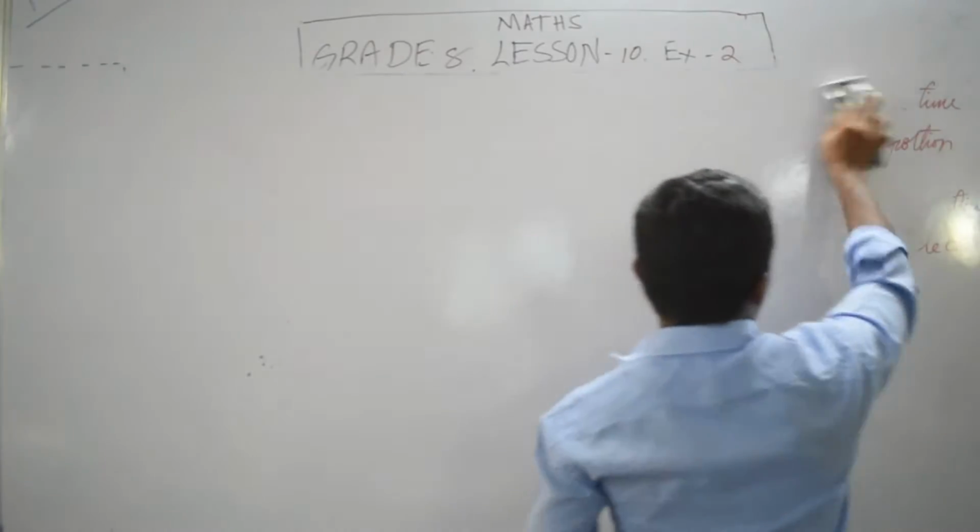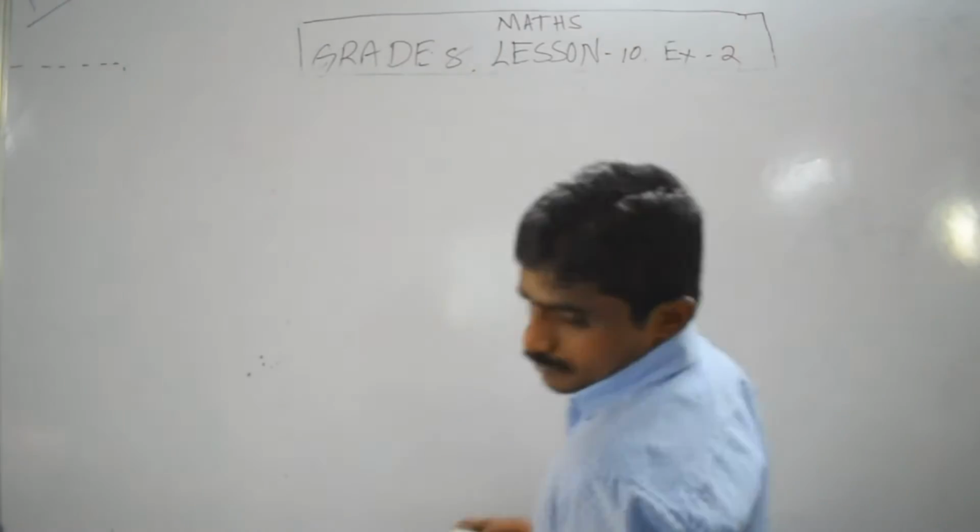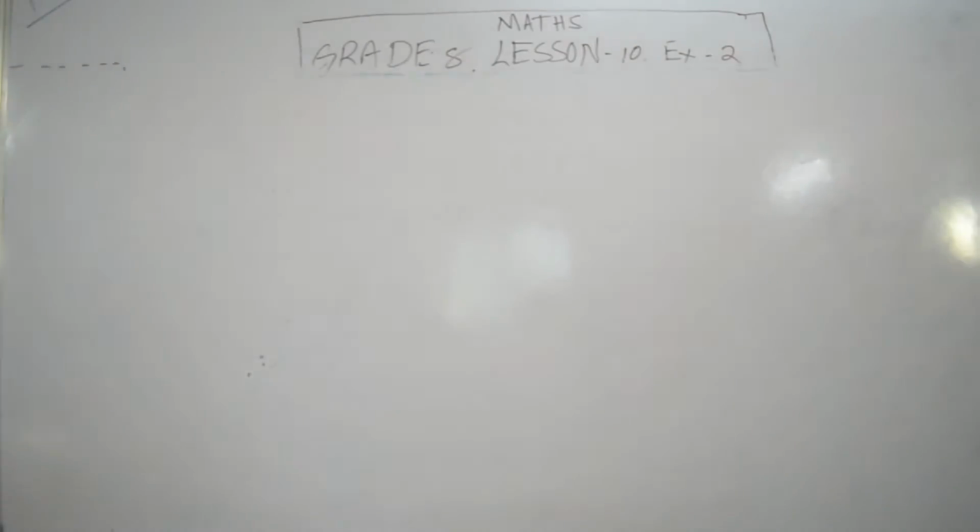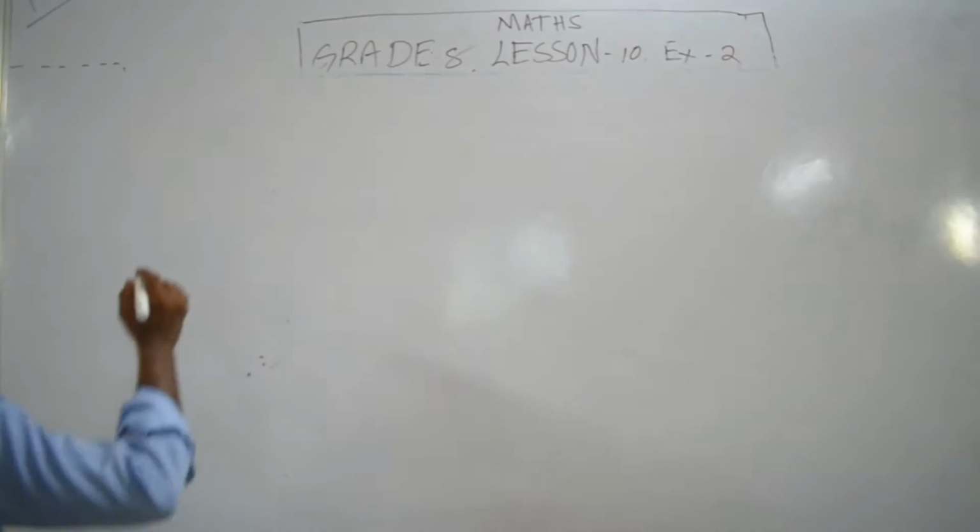Inverse proportional exercise 2. Here see, 3 problems are given. Those 3 problems we observe. Here see, observe the following table. Find the pair of variables x and y in inverse proportion. Here see, first one.